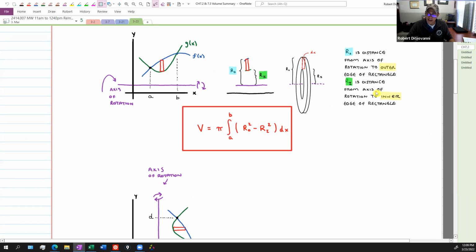That is something that's going to vary from problem to problem, depending on the way things are drawn and where your axis of rotation is, and if it's above or below or just touching the region. Your axis of rotation will never go through your region, because then you're rotating it on itself and it starts to lose meaning. So we just don't do that.